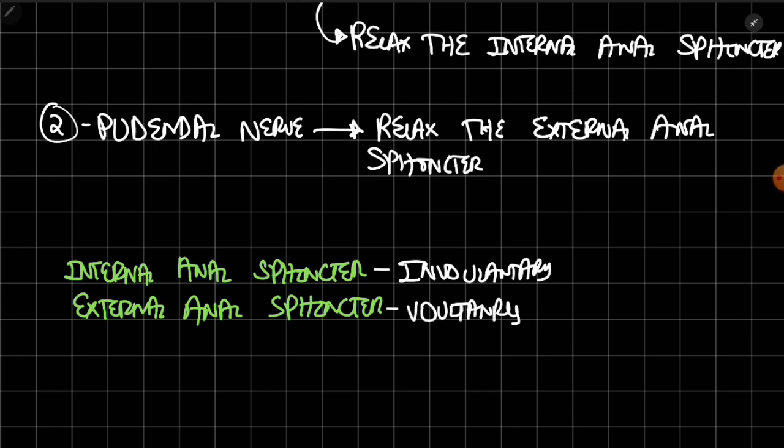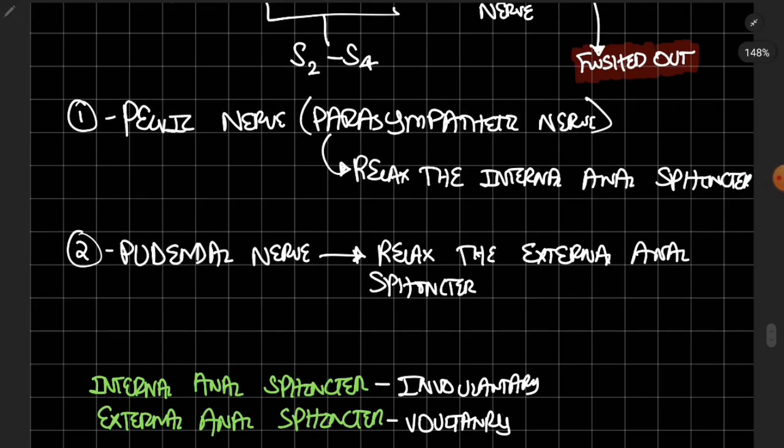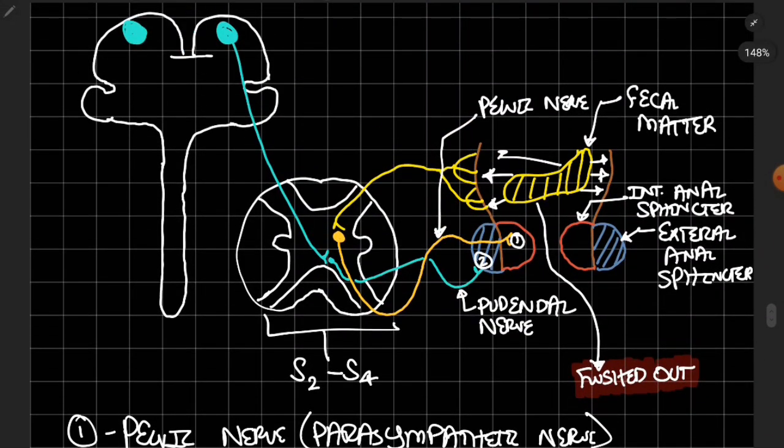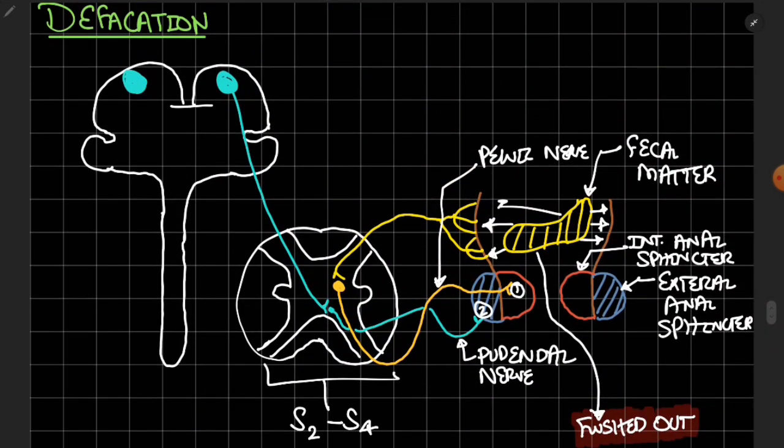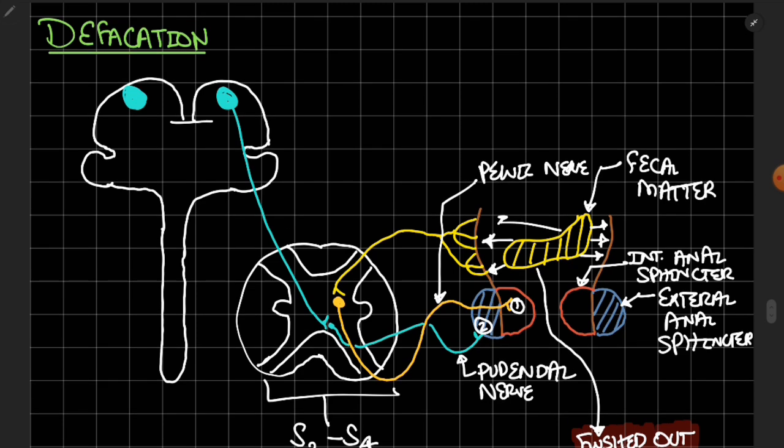Therefore, the internal anal sphincter opens as the pressure increases, but the external anal sphincter opens only when there is a stimulation by ourselves to the corticospinal tract and therefore the pudendal nerve. It is under our will. So defecation is under our will.